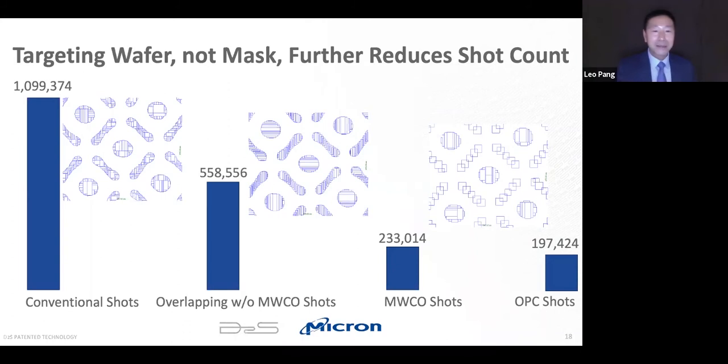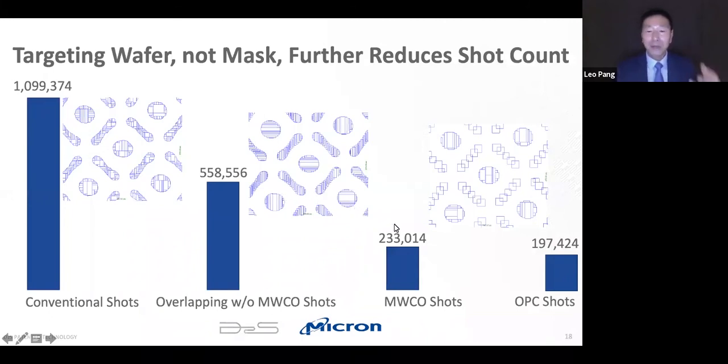Let's look at this example. The same contact array, 91 of them. We look at the total shot count. In the conventional fracture, we have over 1 million shots. And once we do the overlapping shot without MWCO, we actually reduce the shot count by half to like 500,000 shots.